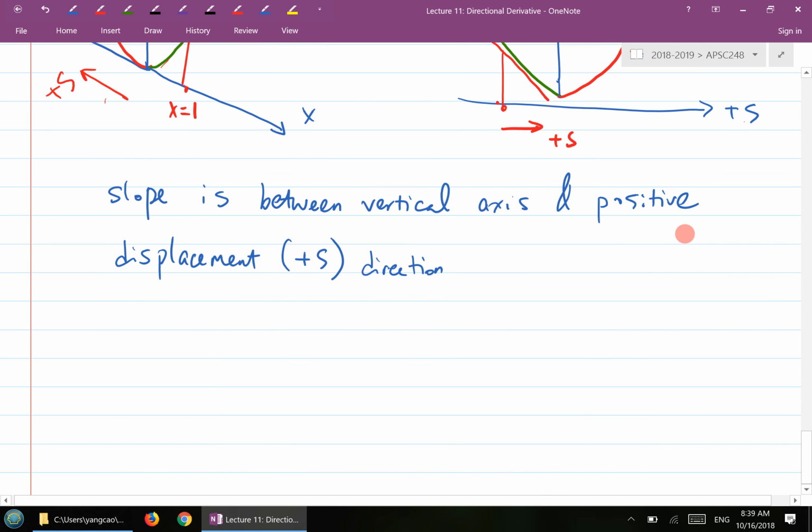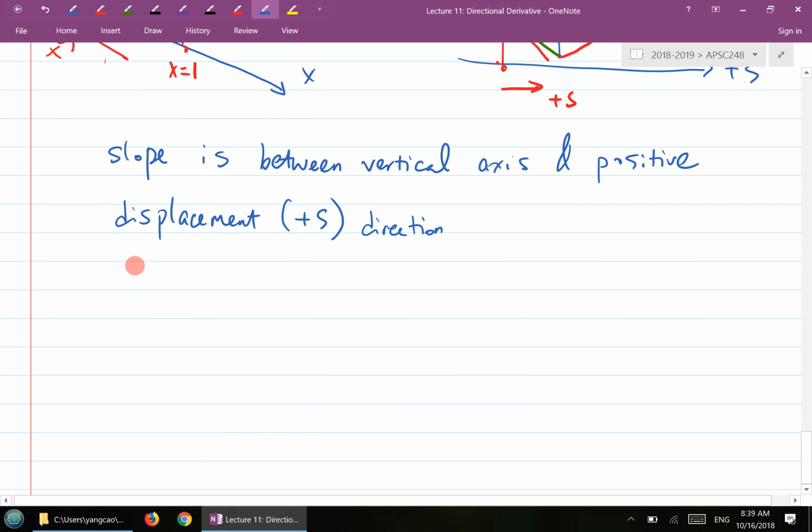So let's look at a more general case now. But before we go on to the more general case, let's recall the partial derivative concept. Any questions so far? Is it clear about the derivative concept, the slope concept?